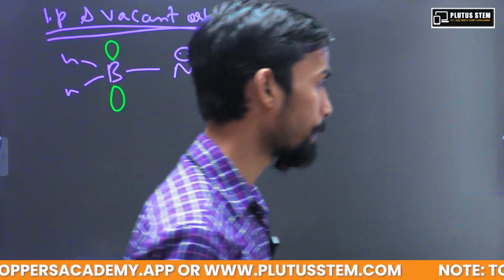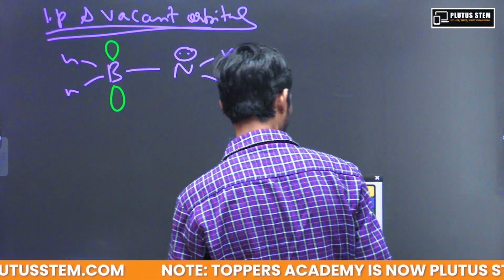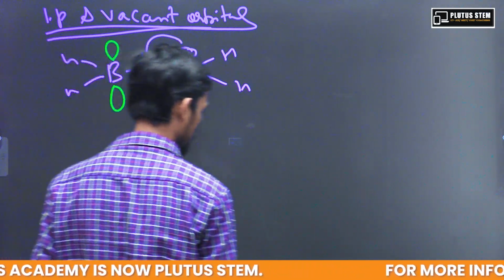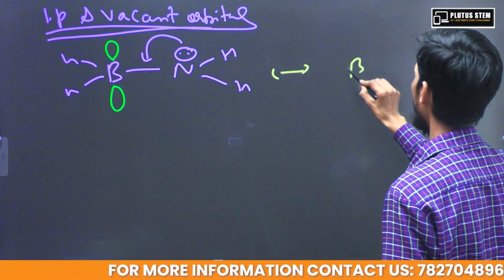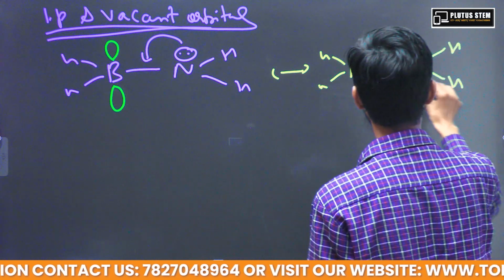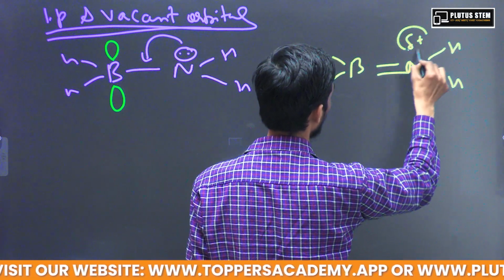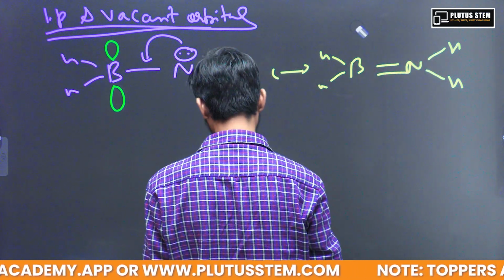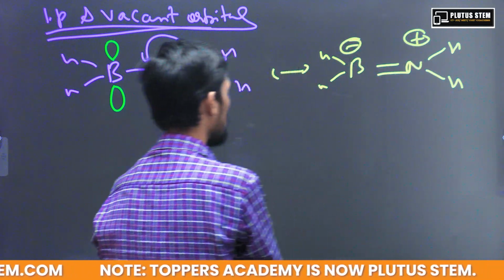So in such type of compound also the movement of electron takes place, and we can visualize over here that this electron can come at this side, and we will get a product like BH2 single bond NH2 double bond at this side. So it is donating its electron, the complete movement is being done, a positive charge, and over here a negative charge.